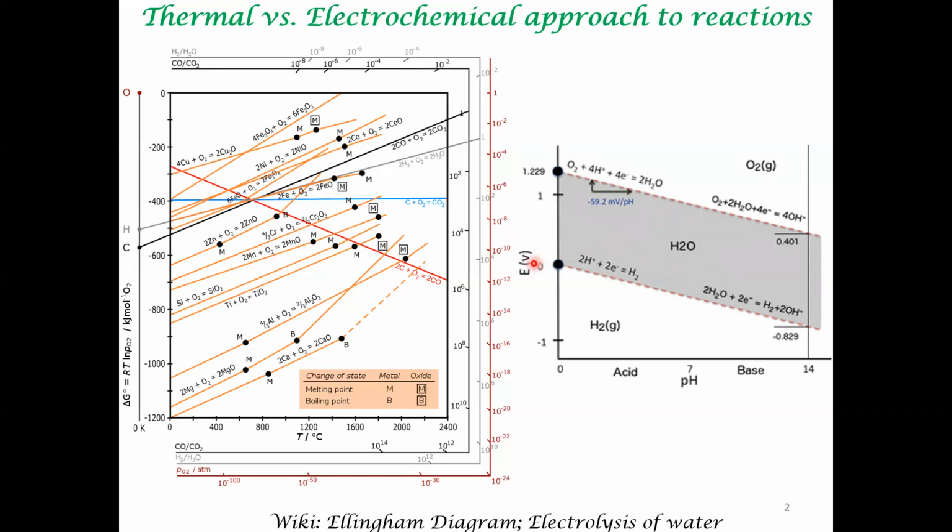While it requires very high temperatures to break water thermally. Why is that so? Because if you look at this reaction, this is sufficiently exothermic. Even though the exothermicity decreases with temperature, if you just want to thermally decompose water, it requires very high temperature.